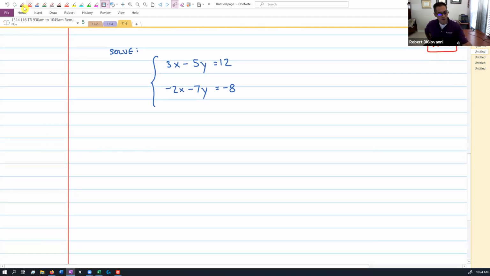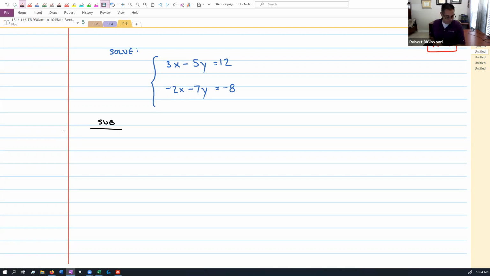Because if we try substitution, you're going to have to pick one of those equations and solve for one of the variables. But which equation and which variable, they all have numbers in front of them, don't they? Which would make them somewhat challenging to solve for. We're going to wind up with fractions. So somebody pick an equation and tell me what variable, and I'll use it.